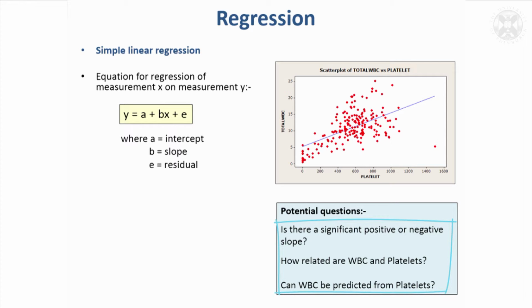It might be that you want to know, can white blood cell count be predicted from platelets? And you've now got an equation that you could, if you wanted to, use to try and predict white blood cell count if you'd measured platelets but you hadn't measured white blood cell count. It's probably very unlikely you'd want to do that, but it does allow for that as an option.